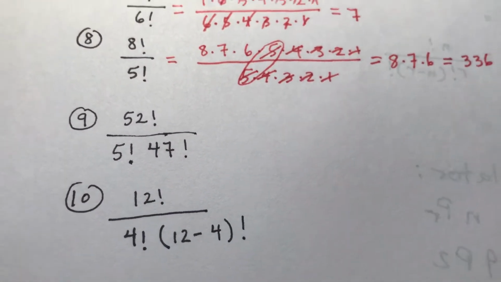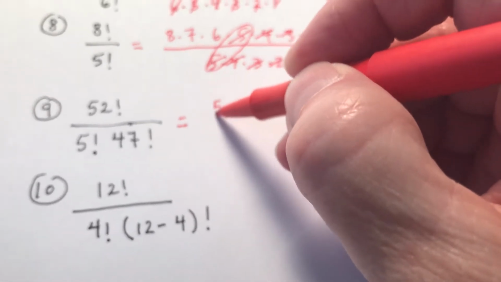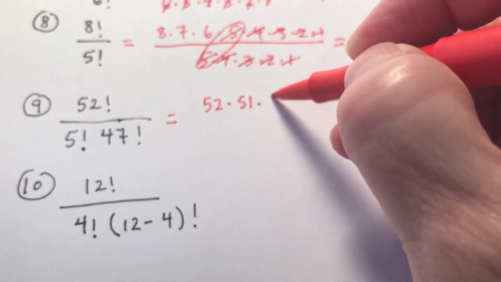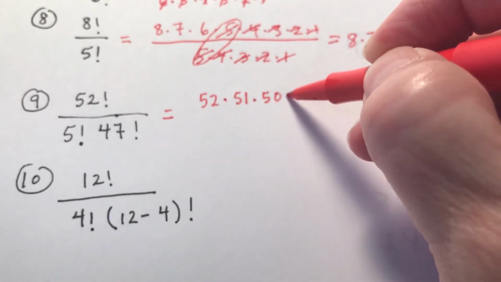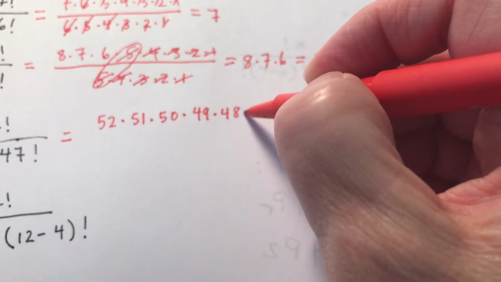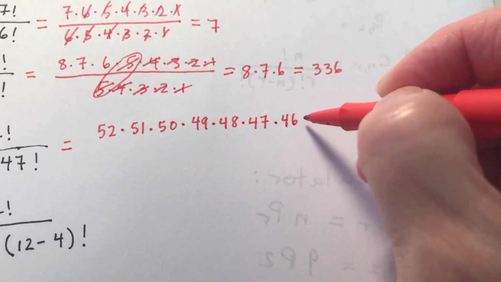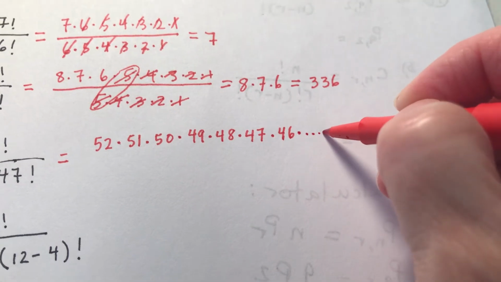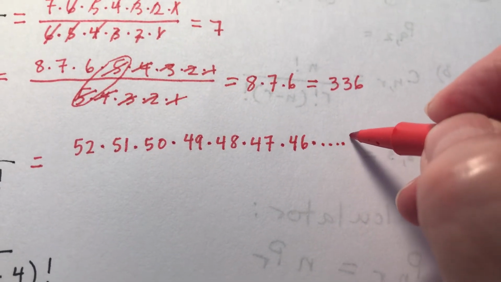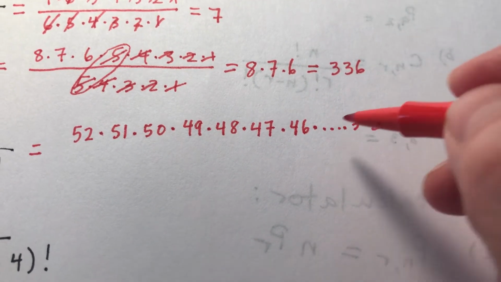Now, 52 factorial. Ooh, all right. 52 times 51, 50, 49. I'm just going to go dot, dot, dot, all the way to 3 times 2 times 1, and all the ones in between.